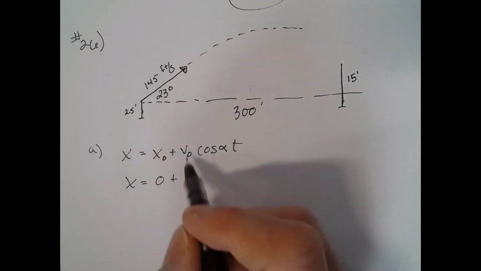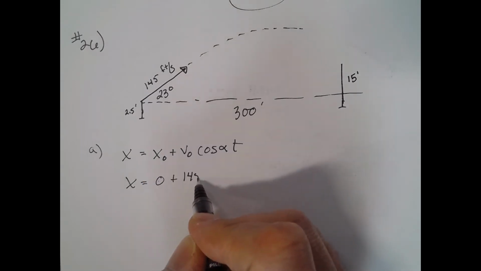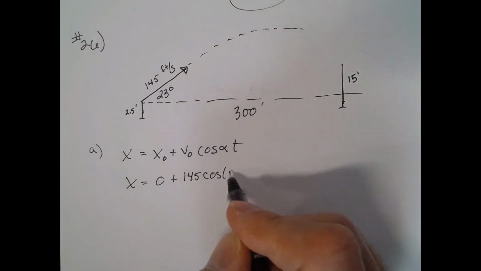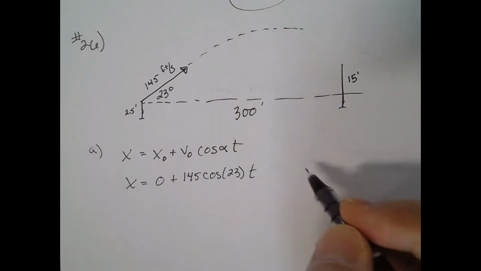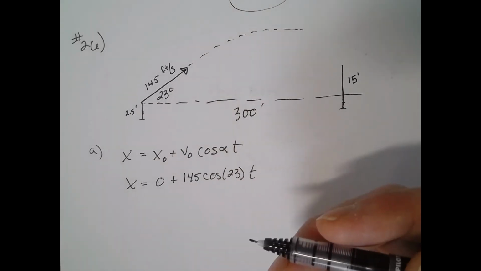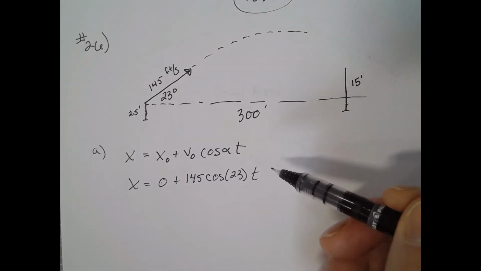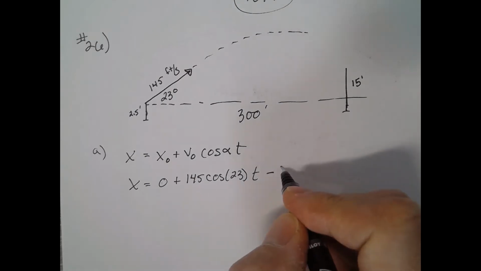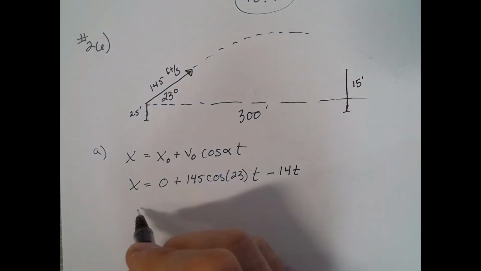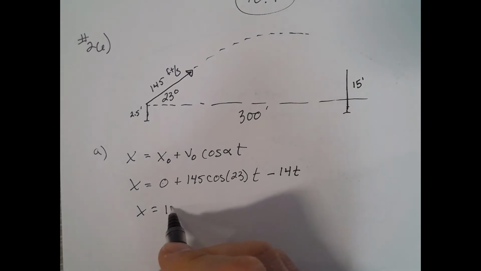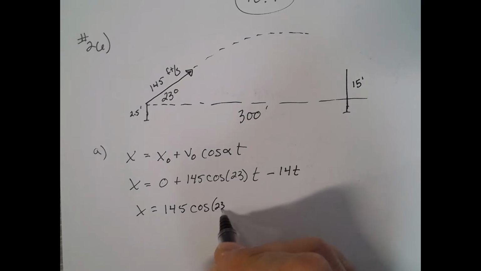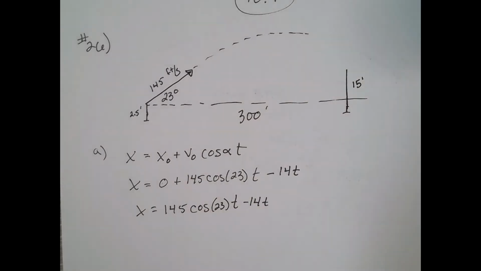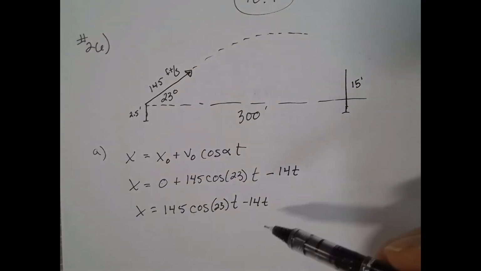Our initial speed is 145, cosine of 23 t, and then we've got our wind gust going, it doesn't say the direction, but it is negative 14 so it's minus 14 t. So our X is 145 cosine 23 t minus 14 t. Okay, so that's our X part of the parametric equation.